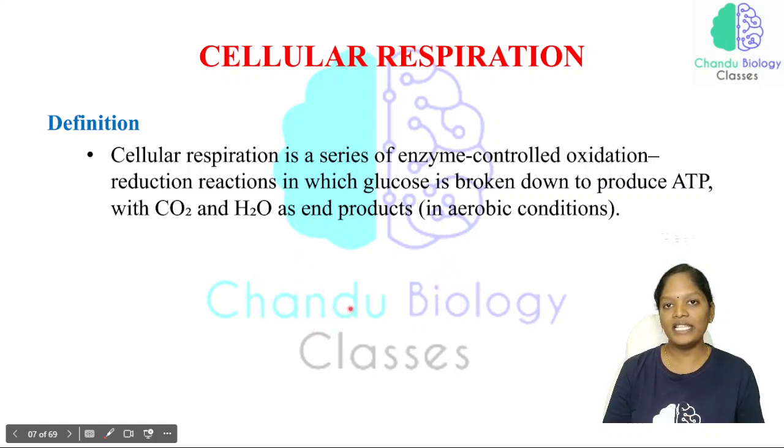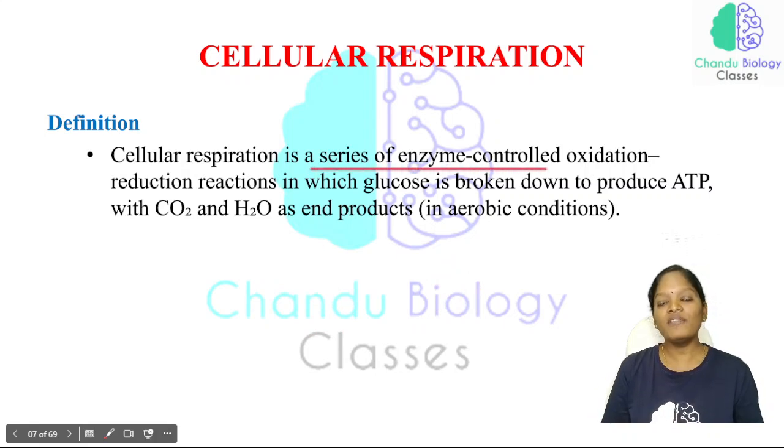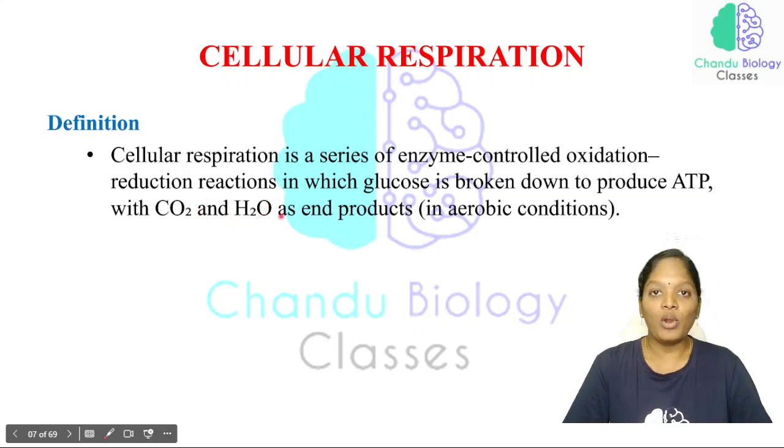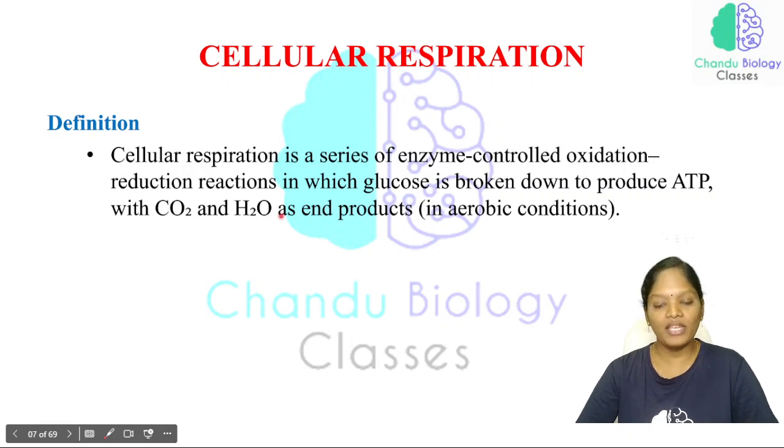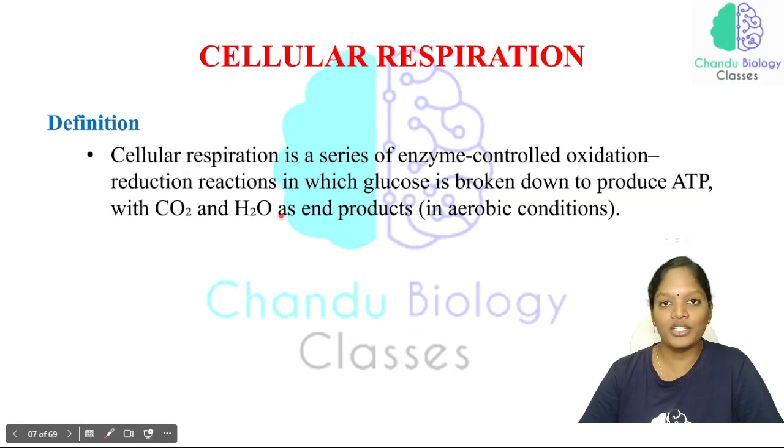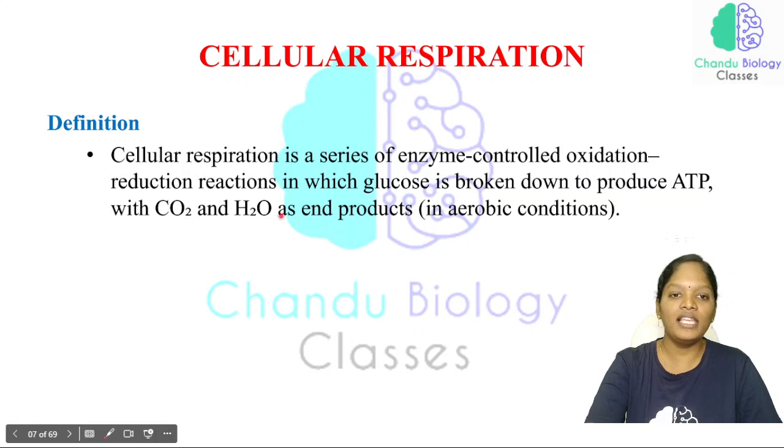With the help of certain enzymes. It is not one or two enzymes, but many enzymes. That is why we say a series of enzyme-controlled reactions, and those reactions may be oxidation reactions or reduction reactions. Both kinds of reaction take place in this enzyme-controlled process. What are the byproducts of this conversion? Carbon dioxide and water are released as end products, as byproducts, in the case of aerobic respiration. So this is how we can define cellular respiration.